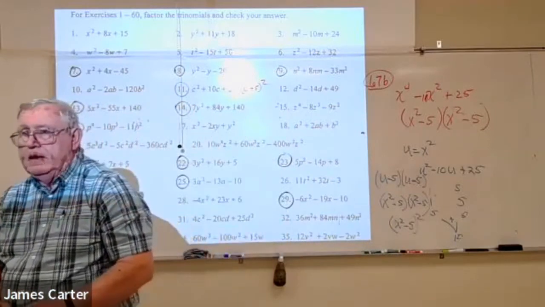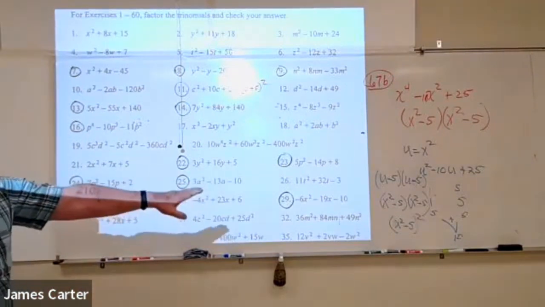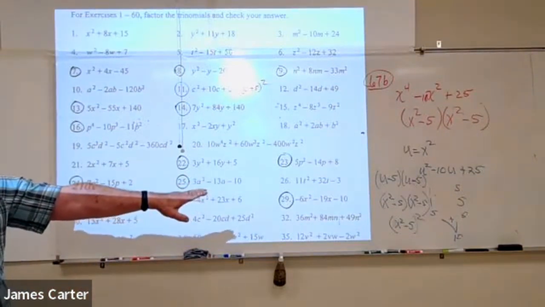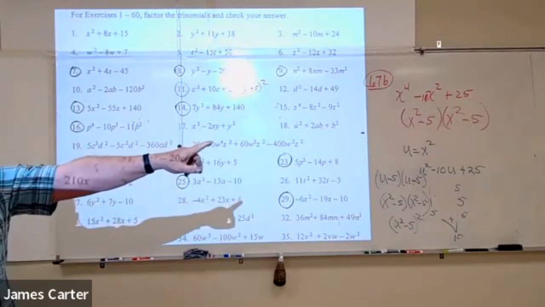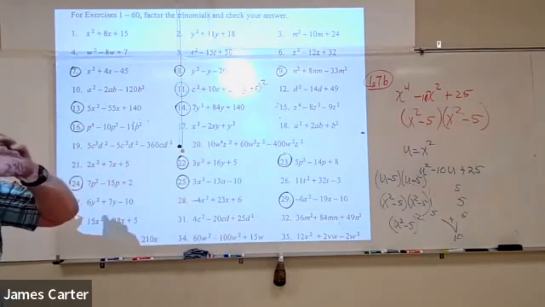Now, we can't get this down all the way without an equal 0 on the end. And we will come to that, just not yet.